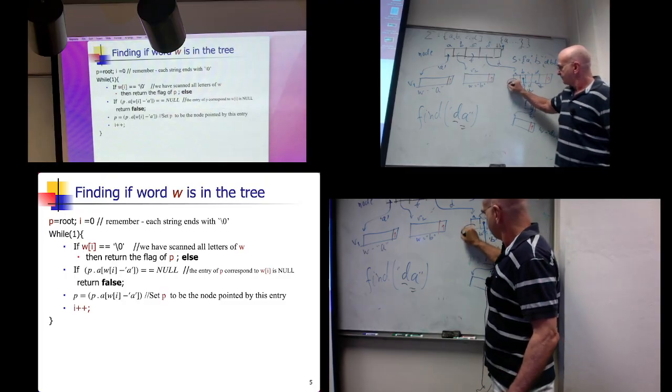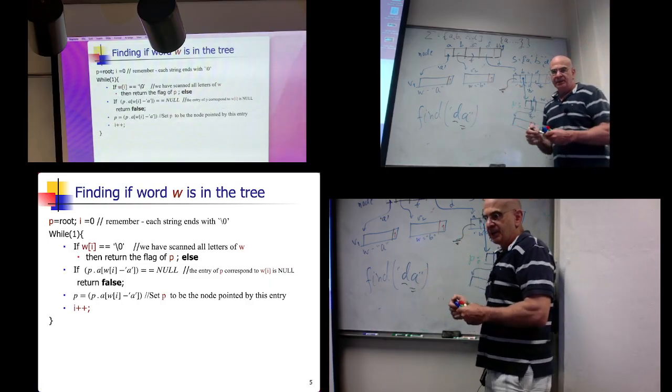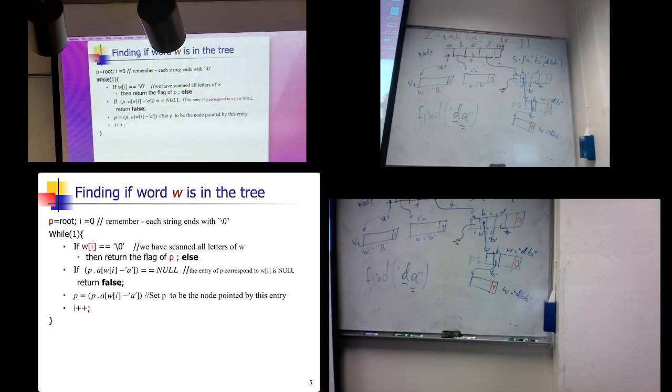In our case, it points to null, so we declare that we cannot follow this route anymore, and we are returning false. This word is not in our language.